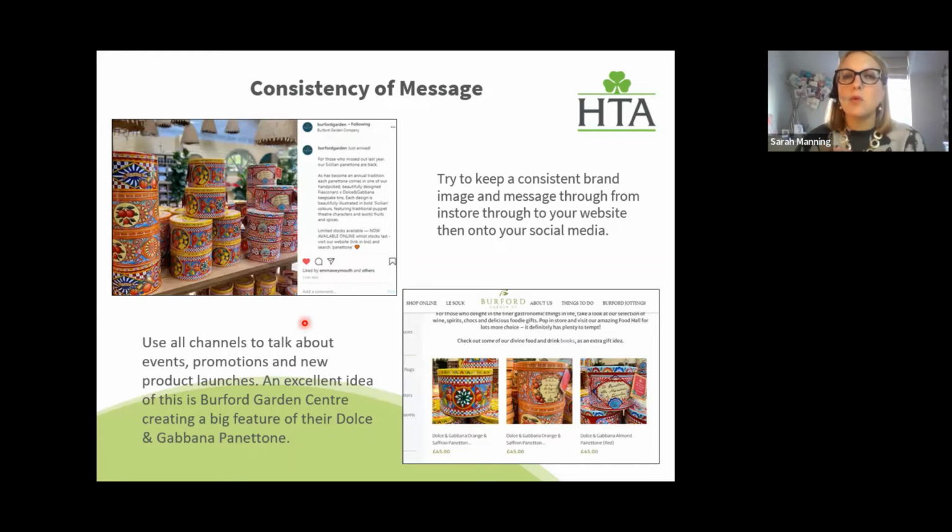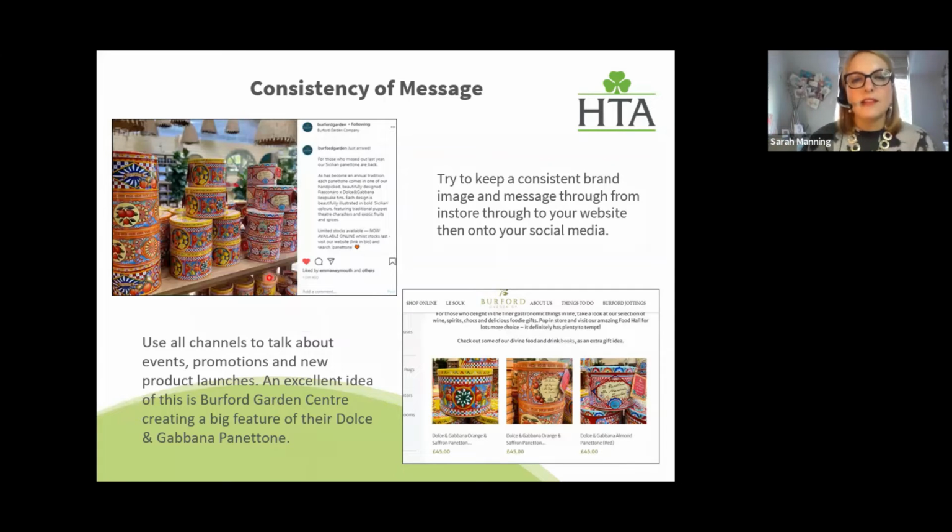I think it's really important if you can try to get whatever's happening in store also being talked about and replicated online too. So this is an example of some panettones, which are beautiful tinned panettones from Hereford, and they have been obviously talking about them quite a lot on their Instagram, also in store, but also on their website.